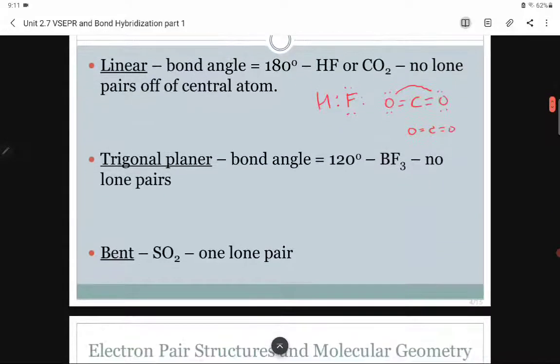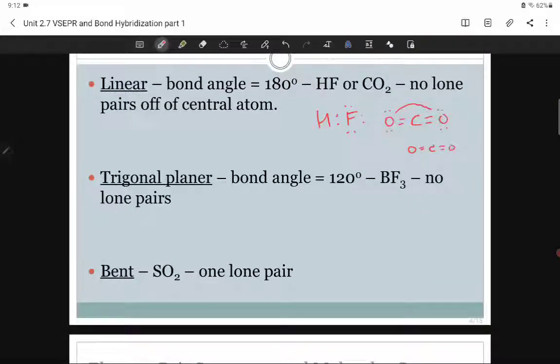You didn't have this one, I don't believe, last year. Trigonal planar. And BF3 is a nice molecule for that one. I don't know if you remember, but boron is an incomplete octet. It does not have 8 electrons around it. So boron's outer electrons plus fluorine's outer electrons is going to give you a shape that looks like this.